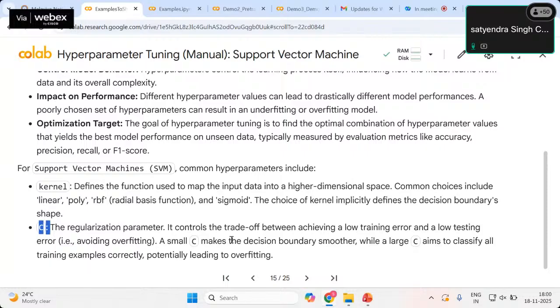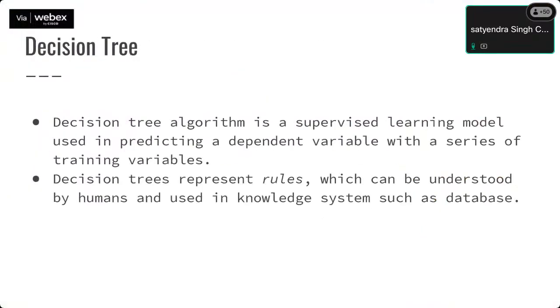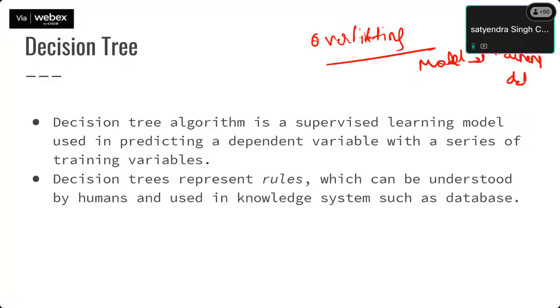Normally when you have overfitting in a model, overfitting means your model is working well on training data. It has learned training data so well that if we check the model performance on unseen data, it is very poor.